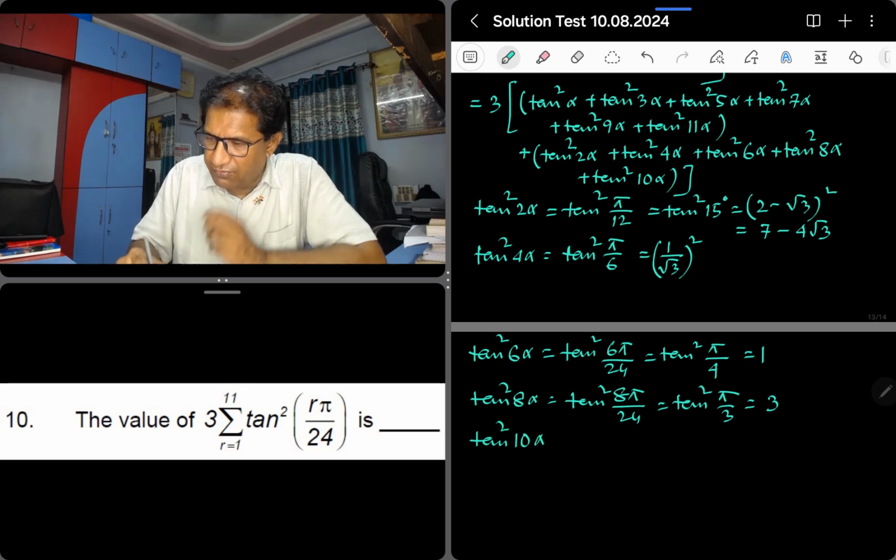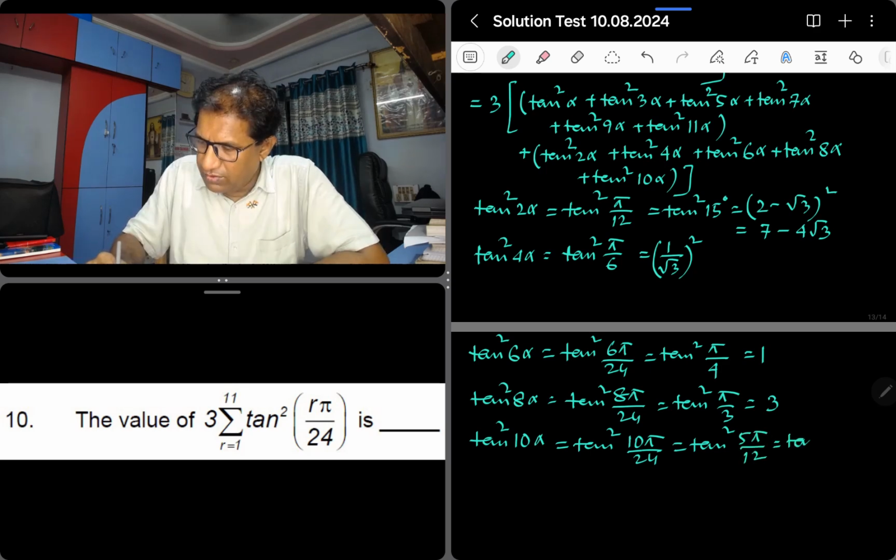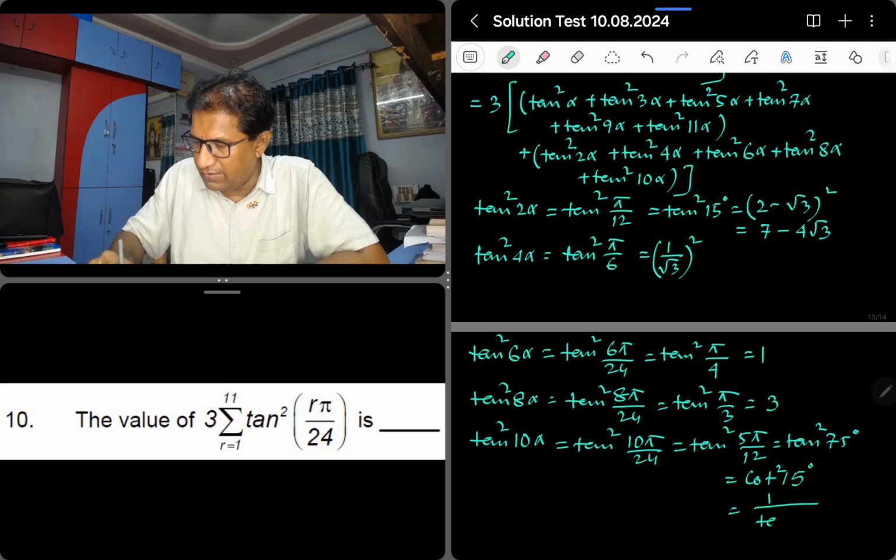Tan square 10 alpha gives us tan square 10 pi over 24. So that gives us tan square 5 pi over 12, which is tan square 75 degrees, that gives us cot square 15 degrees, which is the same as 1 over tan square 15 degrees.